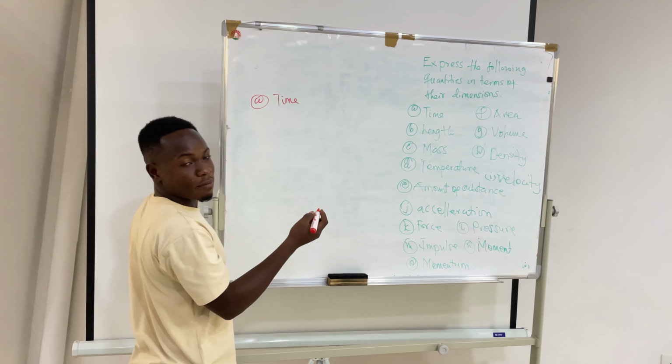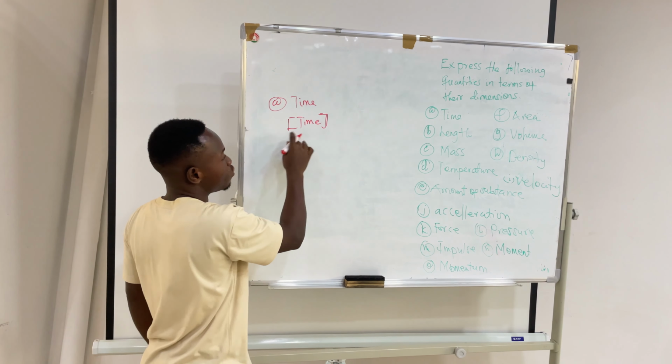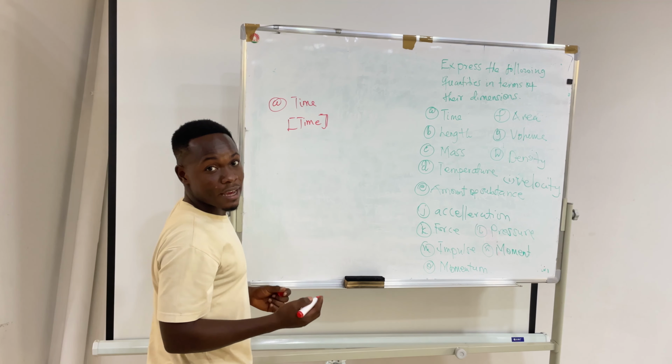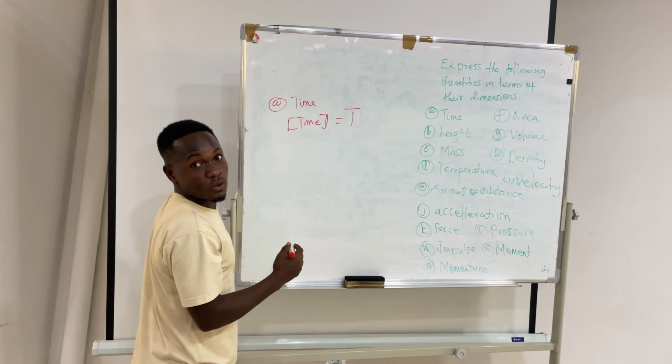The dimensions of time. I want to find a dimension, so I need to do this to show that I want to find a dimension. The dimension of time is T. You already know that.